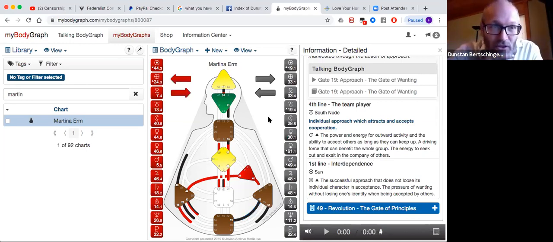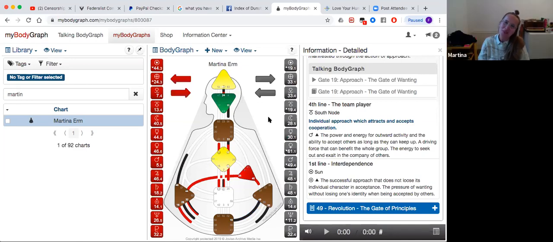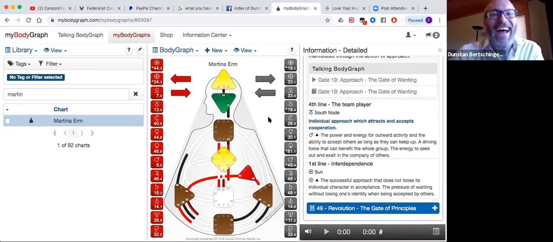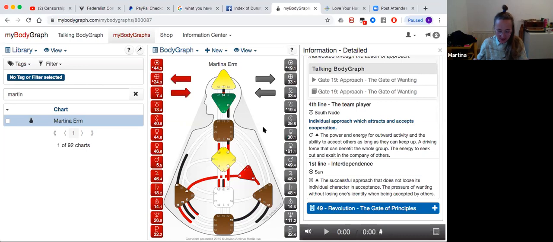What else would you like to explore on your body graphs? Anything you'd like to go into and dip into a little? Yeah, it would be the variables. But you said you're not so into it. No, the funny thing is, this was the first thing I was interested in.